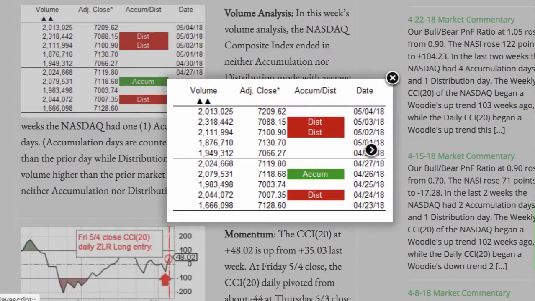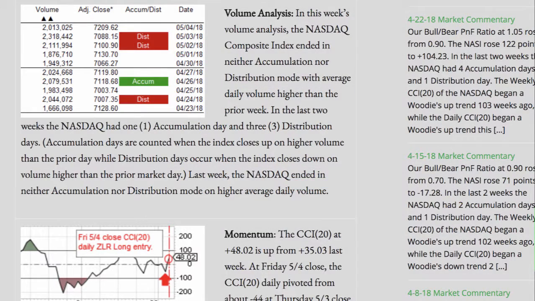Volume analysis. In this week's volume analysis, the Nasdaq Composite Index ended in neither accumulation nor distribution mode, with average daily volume higher than the prior week. In the last 2 weeks, the Nasdaq had 1 accumulation day and 3 distribution days.